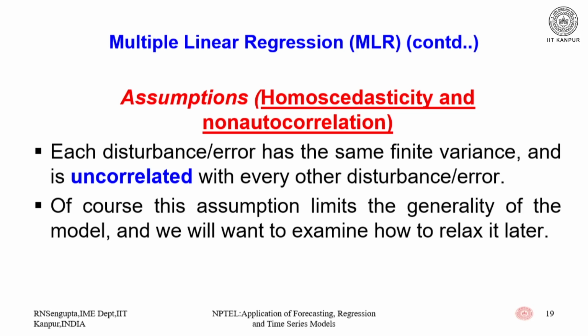So, basically they would be uncorrelated in this case, and of course, this assumption limits the generality of the model, and we want to examine how to relax it later, not in the realm of regression, but in the realm of time series. So, the concept of non-autocorrelation, if you remember, we have done autocorrelation, that means how a series is correlated with itself, in the example of forecasting.